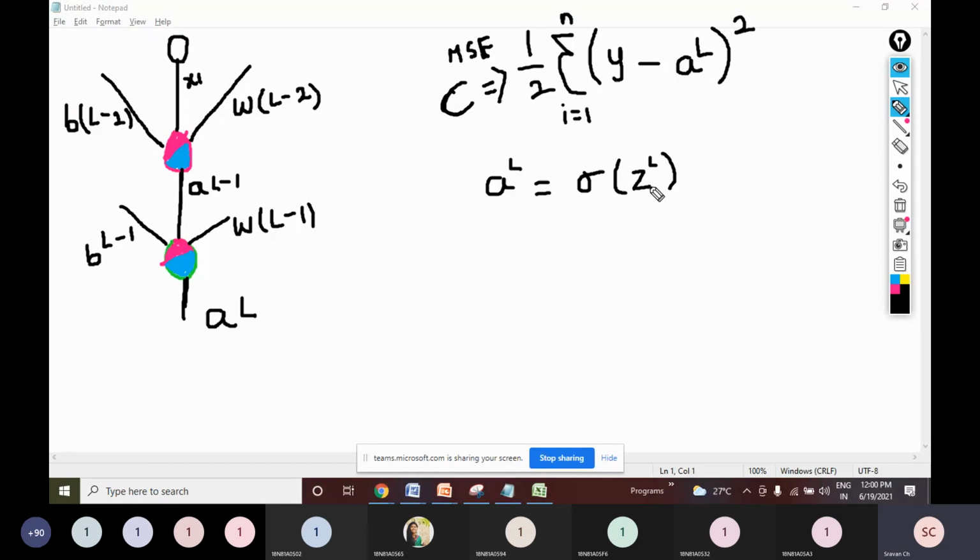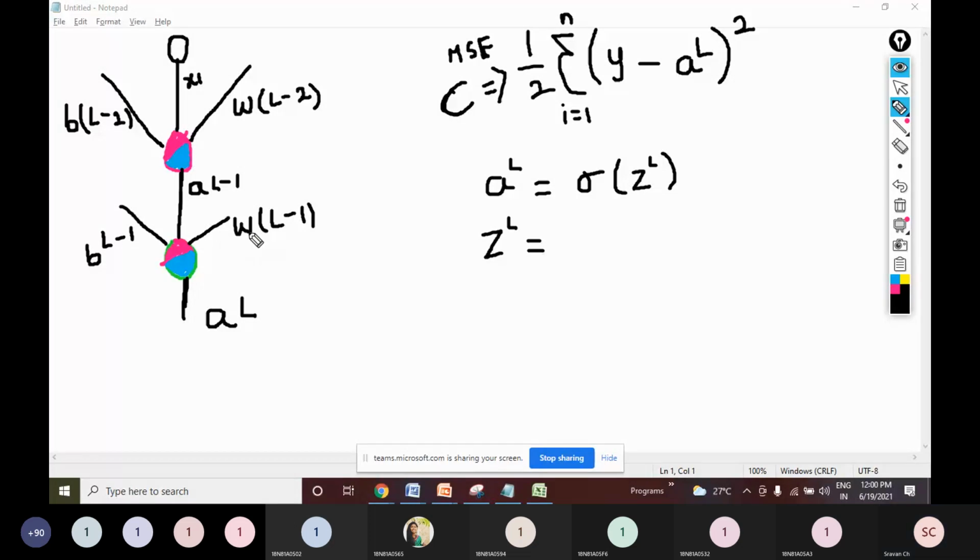Now what is the value of Z of L? I need a formula for that. Z of L means this pink part. By looking at the diagram, you can tell the formula for Z of L. A of L minus 1 is the input, with weight W of L minus 1.